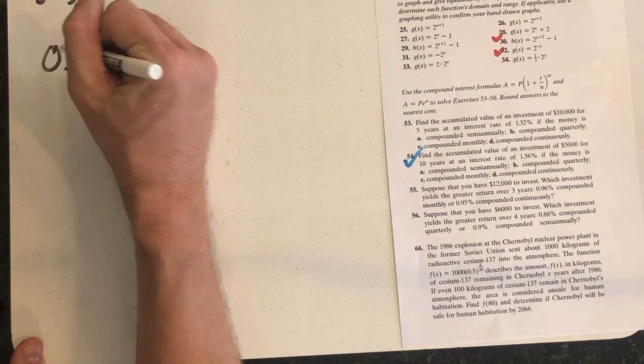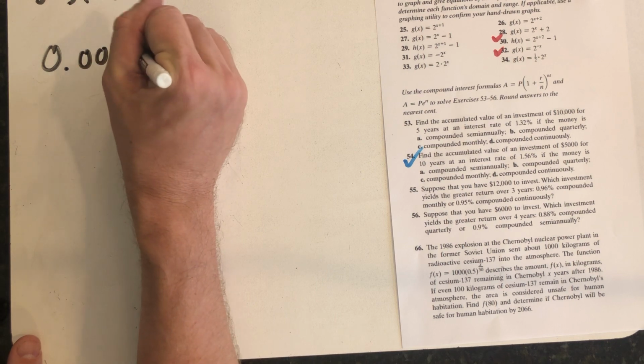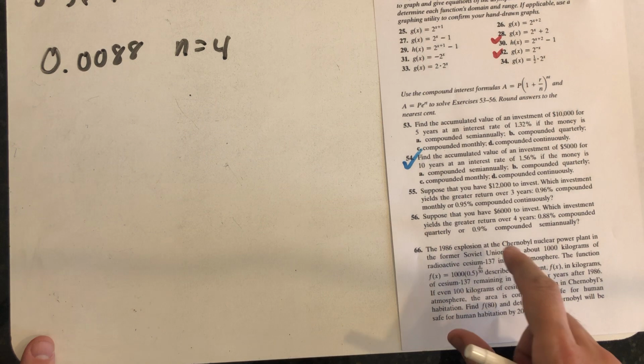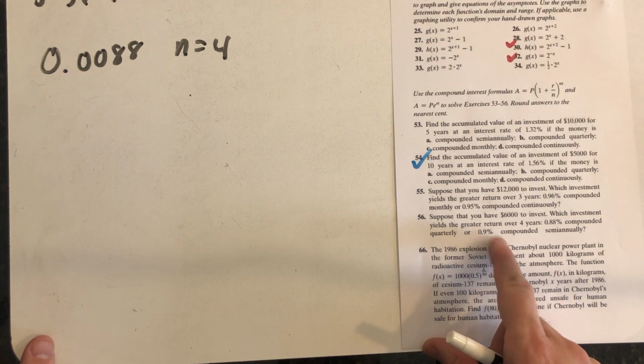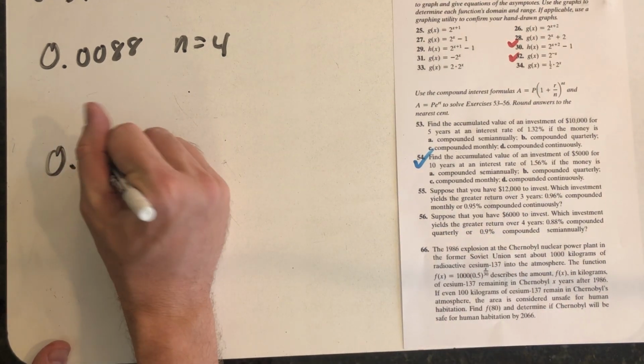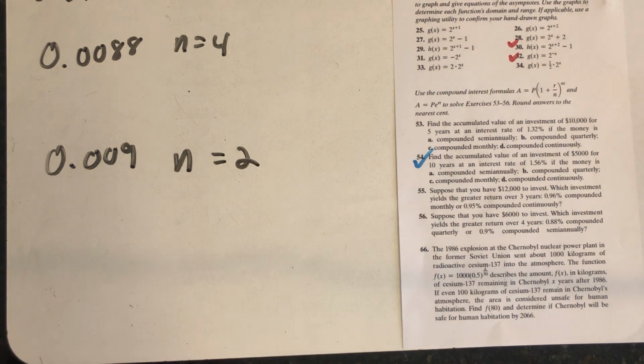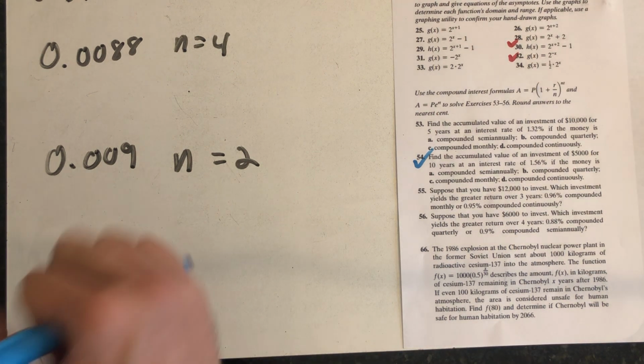So an interest rate of 0.0088 with an N equals 4, or 0.9% compounded semi-annually. All right, well, there's only one real way to answer this, and this is to actually just find the balance in both accounts.